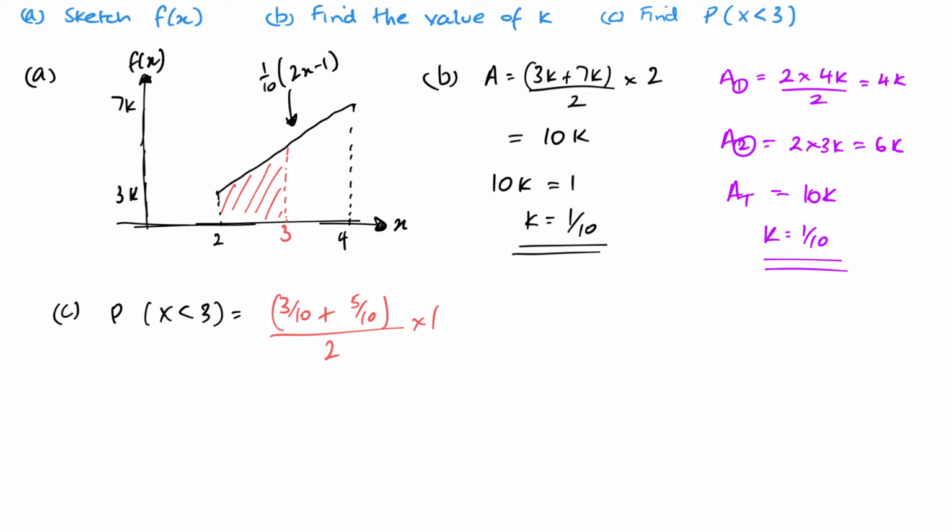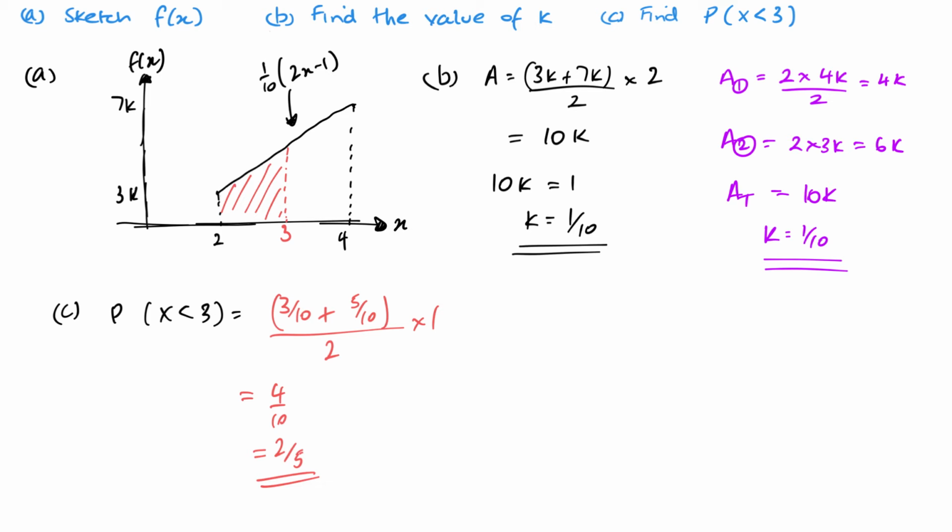Times 1 because the distance here is 1. So we got 8/10 divided by 2 is 4/10 times by 1, still 4/10 or 2/5. And there we have the area under the graph between 2 and 3, or where the probability of x is less than 3.